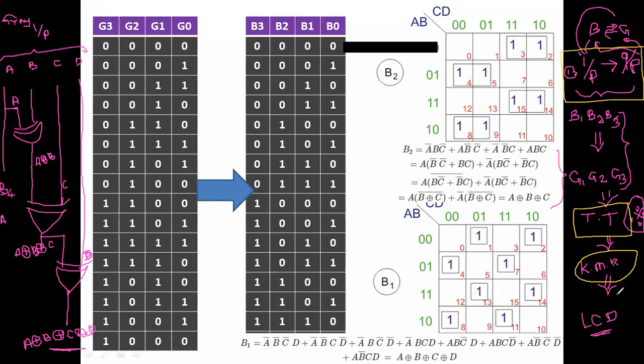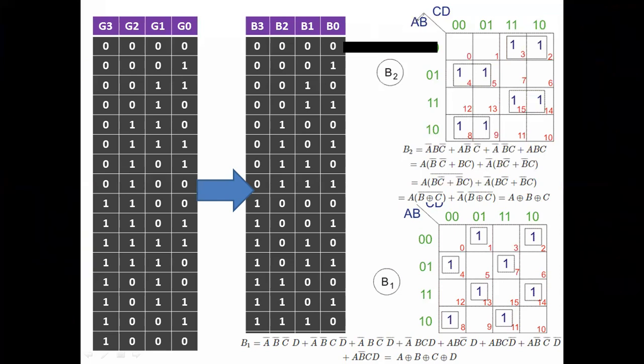There you can get the Boolean expressions. Those Boolean expressions are to be drawn as logical equivalent circuits. That's all. So in this particular session, we covered two code converters: binary to gray, and gray to binary.